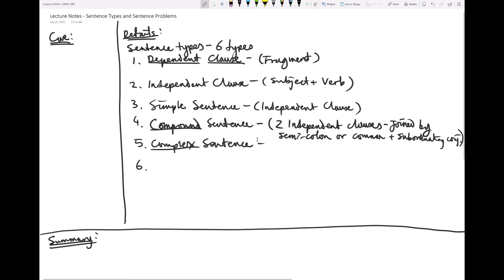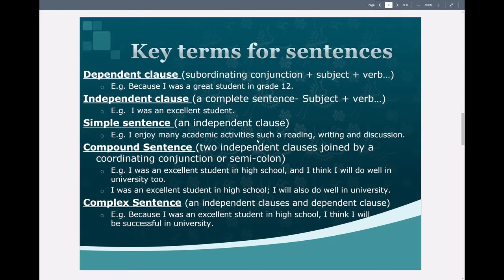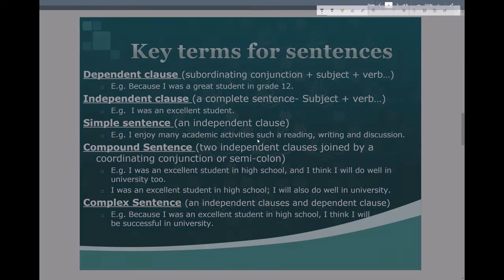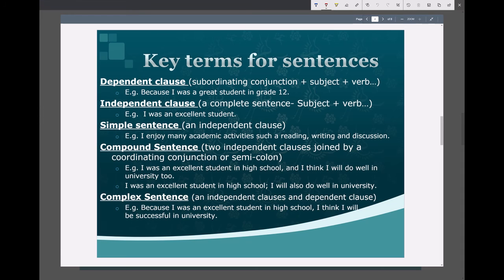Now, let's see what the complex sentence is and how that's different. The complex sentence has an independent clause and a dependent clause. So notice here, a compound sentence has two independent clauses. So it actually has two simple sentences. Here, in a complex sentence, it has two types of clauses.